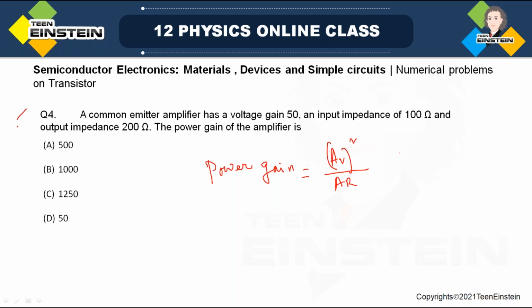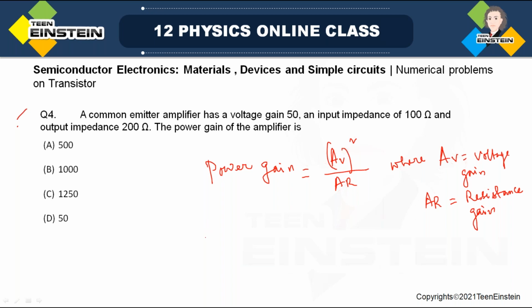Power gain equals AV squared by AR, where AV is voltage gain and AR is called resistance gain. But what is this resistance gain? How do we find it? Like current gain, we find as output current by input current, and voltage gain by taking the ratio of output voltage to input voltage.